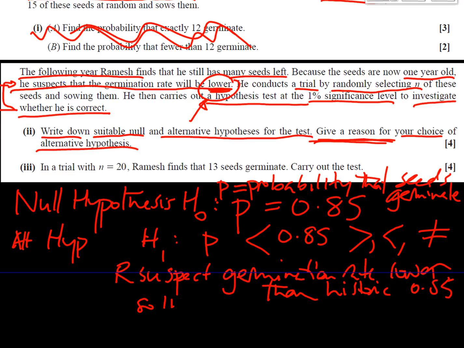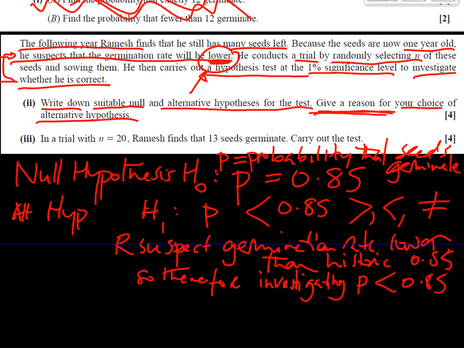So therefore we're investigating whether the p, which is the probability that goes with that germination, is less than 0.85. Okay, does that help us as a starting point?